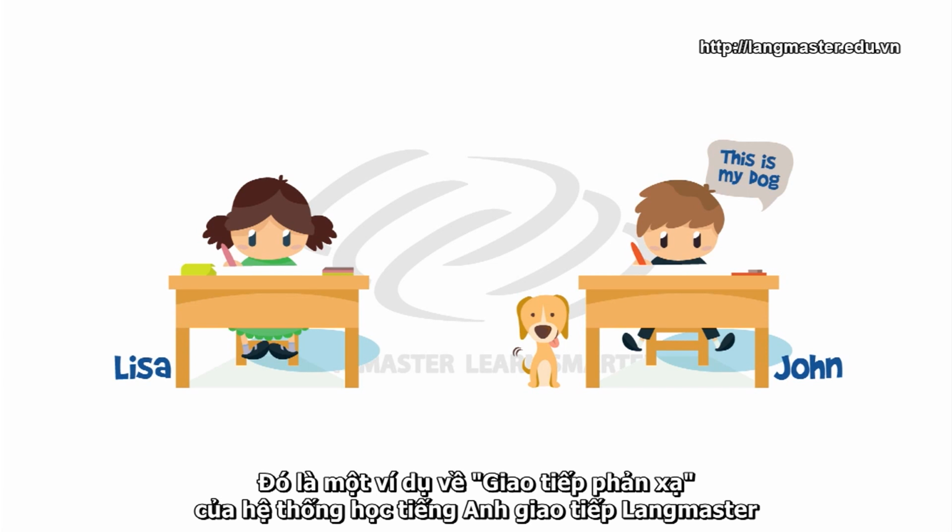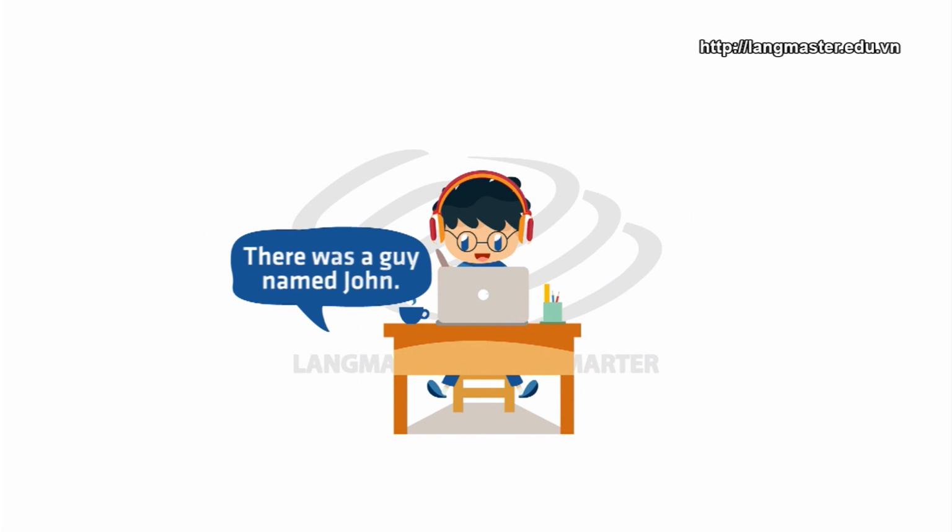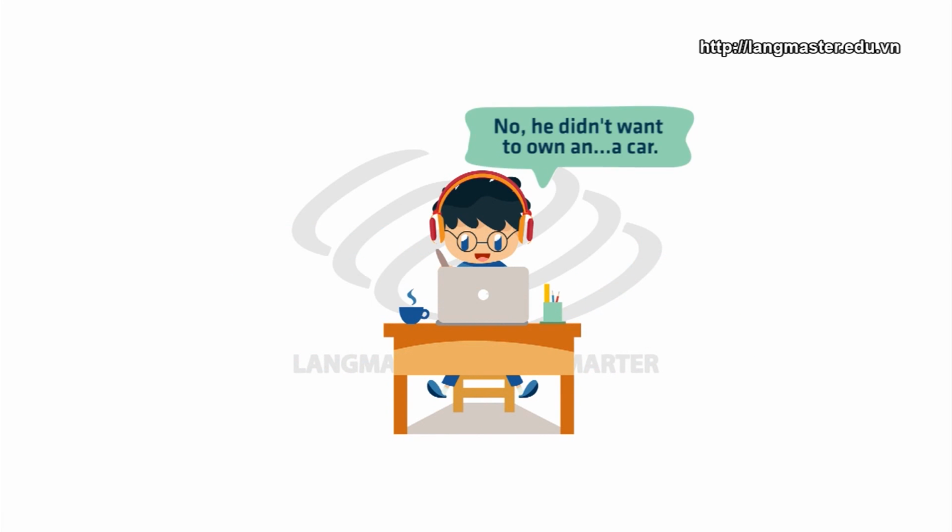Here's another one. There was a guy named John. He wanted to own a restaurant. Did John want to own a car? No, he didn't want to own a car.